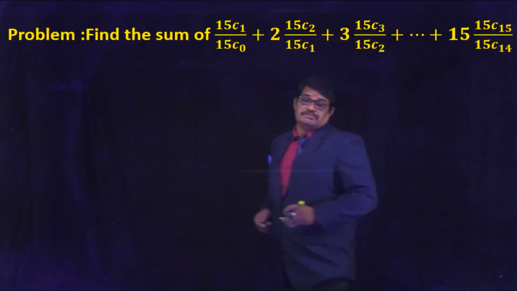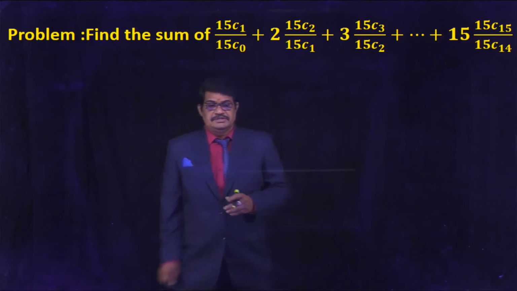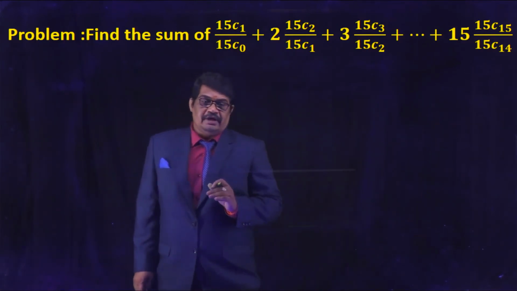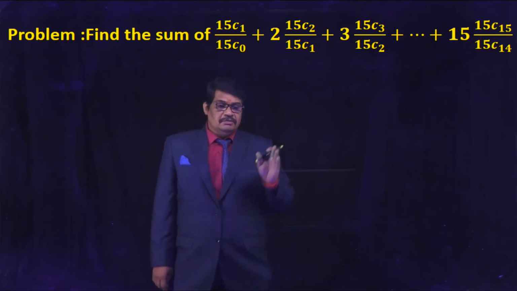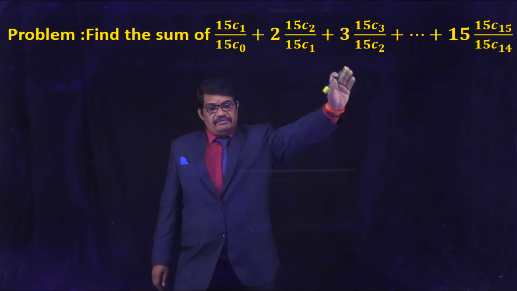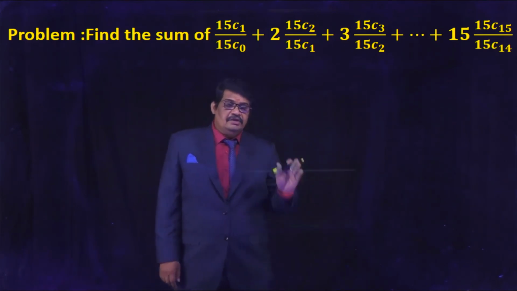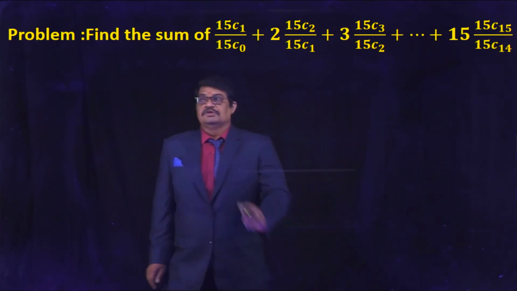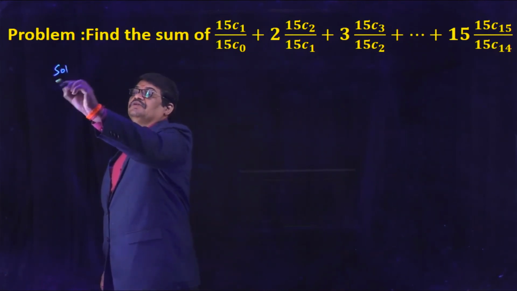See the next problem. Find the sum of the series 15C1 by 15C0 plus 2 into 15C2 by 15C1 plus 3 into 15C3 by 15C2 and so on, plus 15 into 15C15 by 15C14. Now we have to find this value. See the solution.